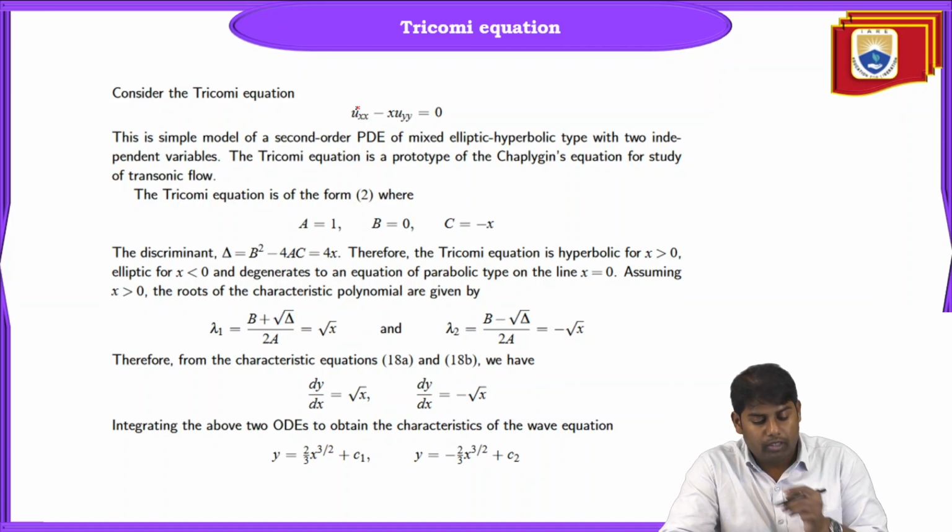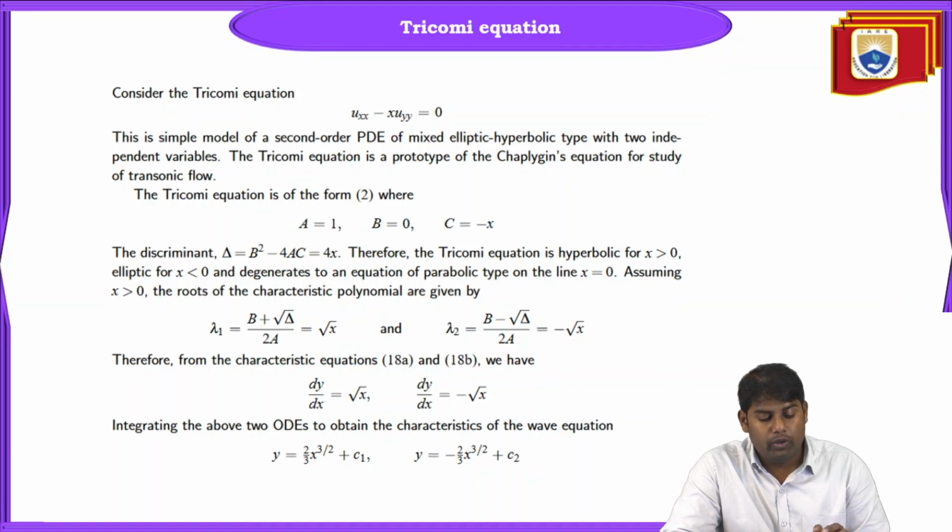Here you can see, when the value of x is greater than 0, it is hyperbolic. If x is equal to 0, it is parabolic, and if x is less than 0, it is elliptic. So basically this equation is somewhat tricky, depending on the value of x.